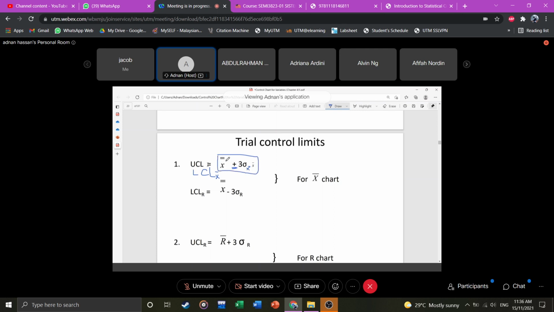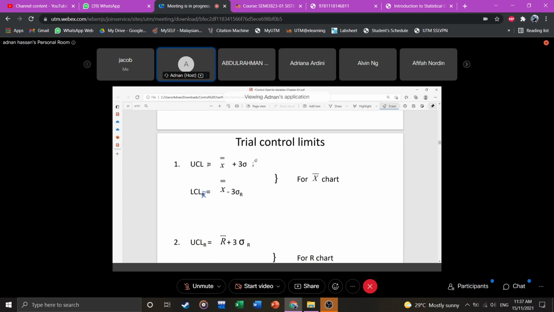This is for X bar chart. I think there is something wrong with this typing. Okay, let me erase this. It's becoming confusing now.